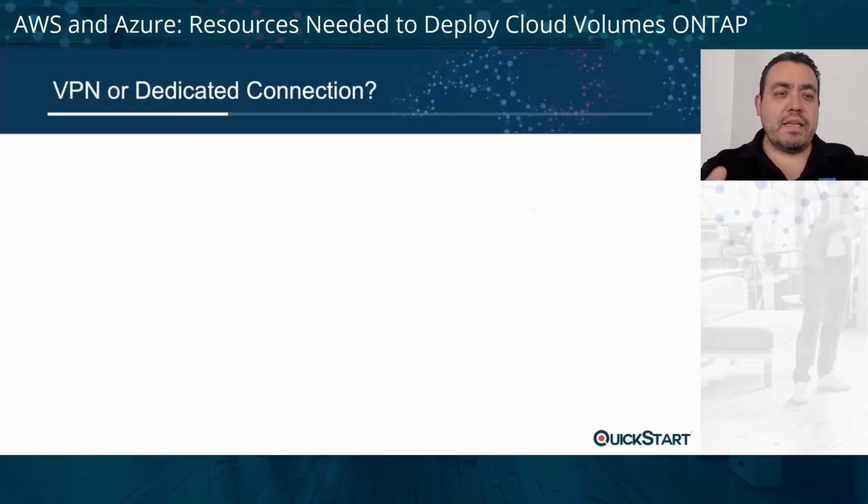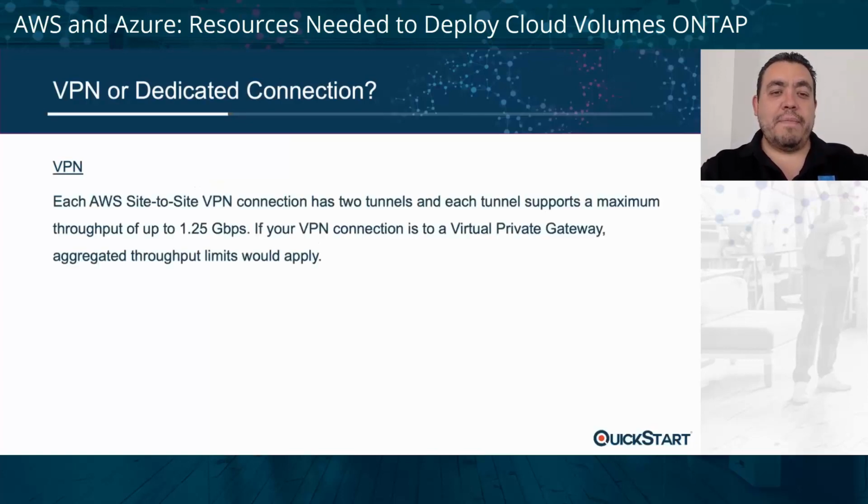So now that we've seen examples of both a dedicated connection with Equinix and a VPN, what's the best way to go? And as I said before, it depends on cost, okay? A site-to-site VPN gives you 2 different tunnels, and each tunnel supports 1.25 gigs. Now, if you're using a VPN connection to a virtual private gateway, then you can have the speed of both.